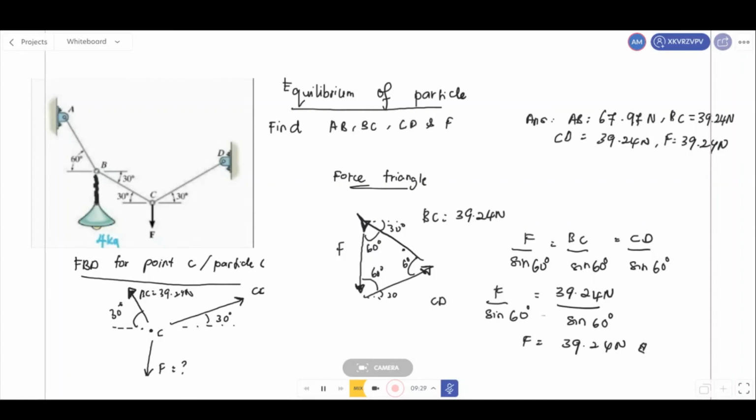Now you have two options if it is related to three forces. You can solve using rectangular components, Fx equal to 0, Fy equal to 0, or if it involves three forces, you can also connect all three forces into a triangle. So you have the option to use the force triangle to solve the problem.